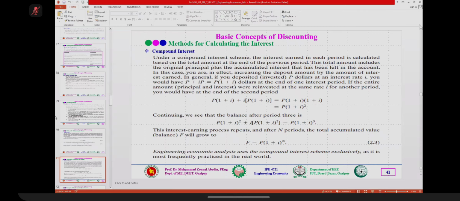Engineering economic analysis uses the compound interest scheme exclusively as it is most frequently practiced in the real world. So this is the formula everybody always tries to use, the compound interest.